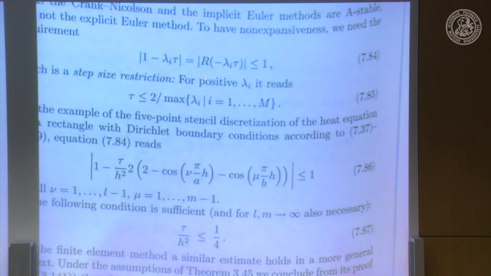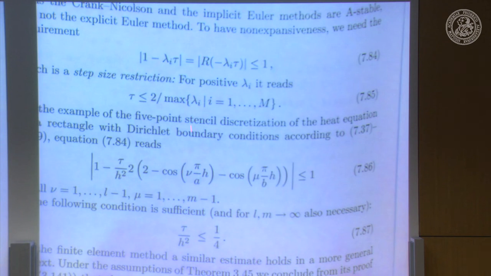And this, of course, gives a requirement on tau for fixed lambda i. Tau must be less than 2 over the maximum of the eigenvalue. But as I said already, the maximal eigenvalue we are dealing with here depends like 1 over h squared. And here this is made more explicit, again looking at the 5-point stencil on the rectangle.